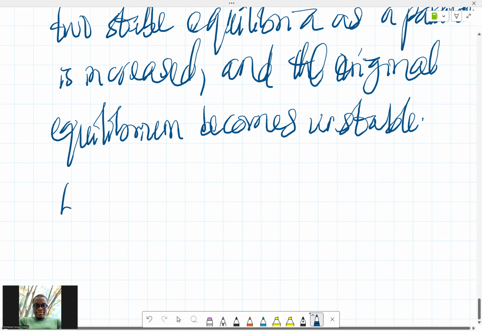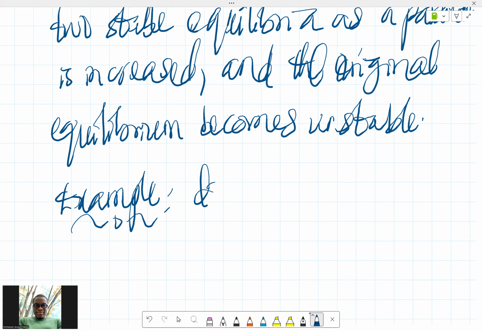A very good example of this is dx/dt equals rx minus x cubed.